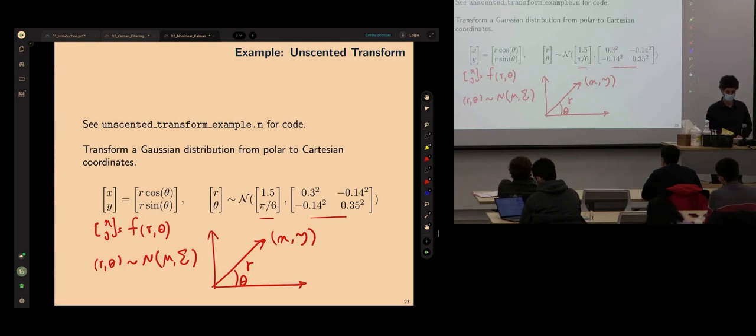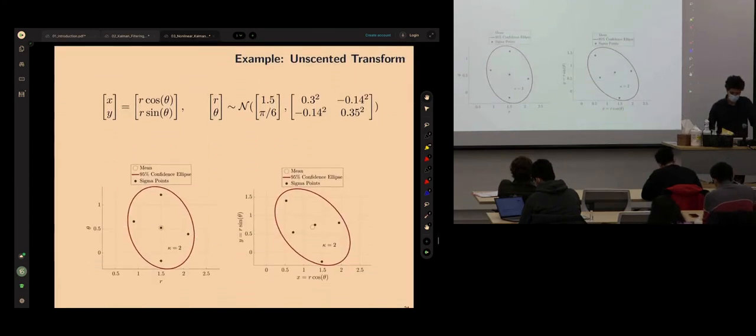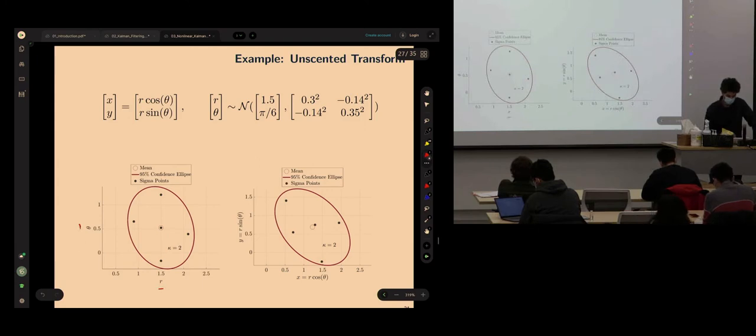Otherwise, you would just evaluate this function. So in the polar coordinates, r and theta, if we just stretch and flatten the angle, we look at it as an axis here. The distribution looks like this.